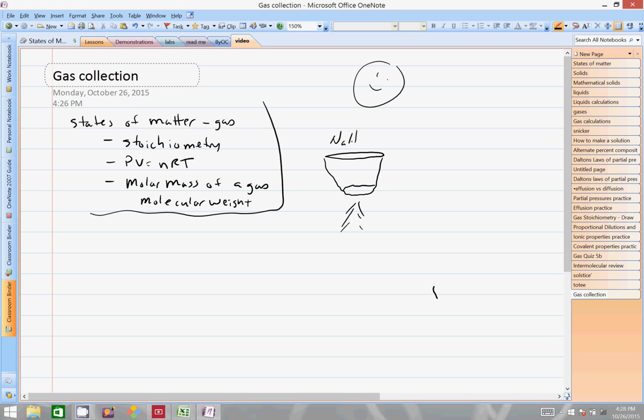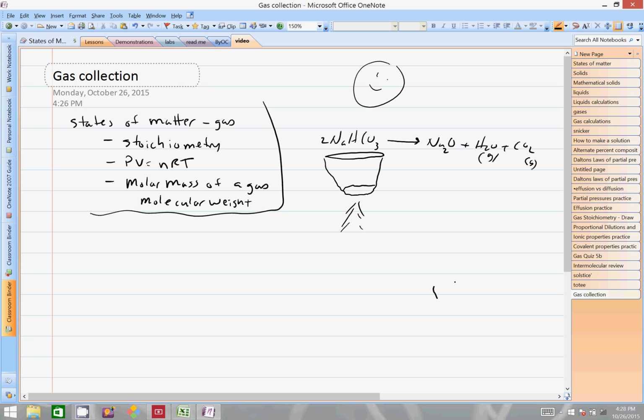Sodium hydrogen carbonate would break down with a little bit of heat or a catalyst of some sort into sodium oxide plus water plus carbon dioxide. And at this point, this is a gas and this is a gas.